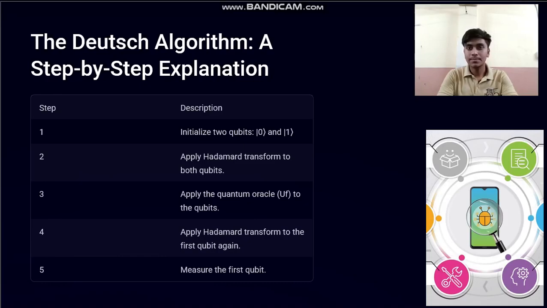Next, we apply a black box operation, the quantum oracle, that encodes the function f(x). Then we apply the Hadamard gate once again, but only to the first qubit. Finally, we measure the first qubit and the outcome tells us whether the function is constant or balanced. It's a surprisingly elegant solution and it works with just one evaluation of f(x) thanks to quantum interference.